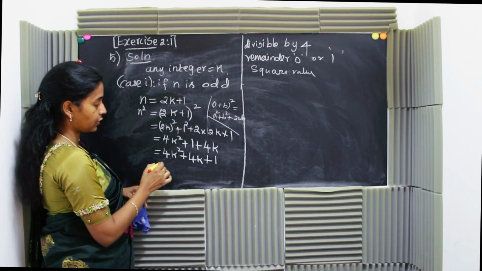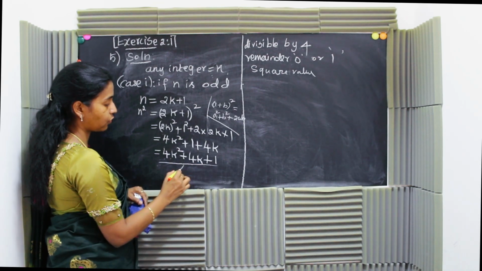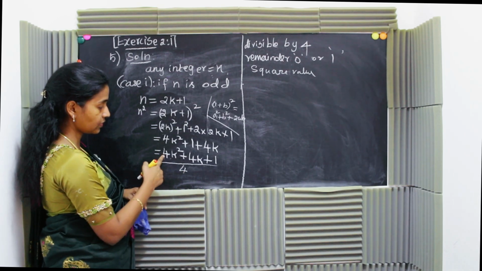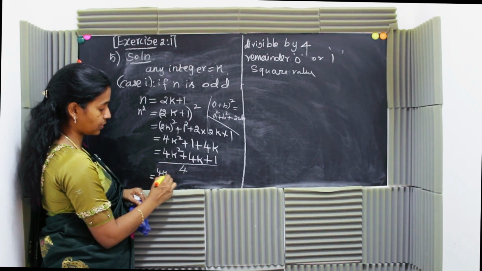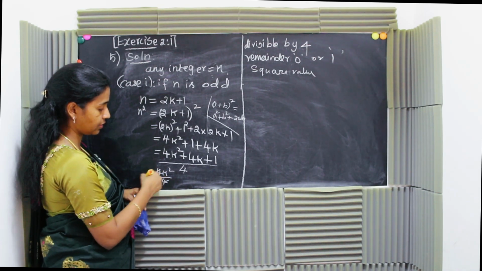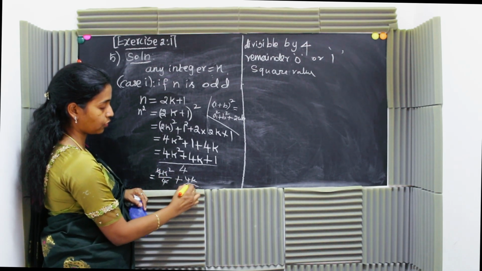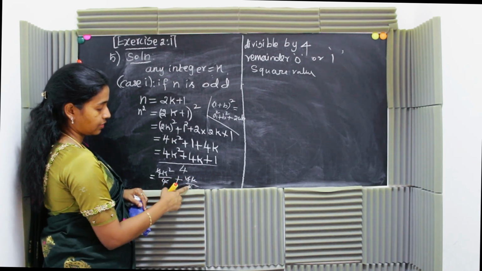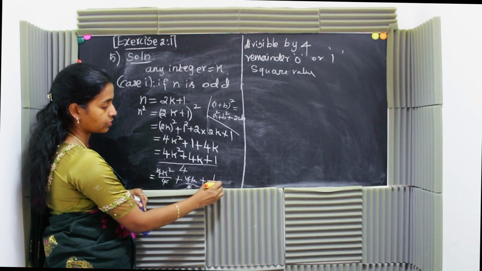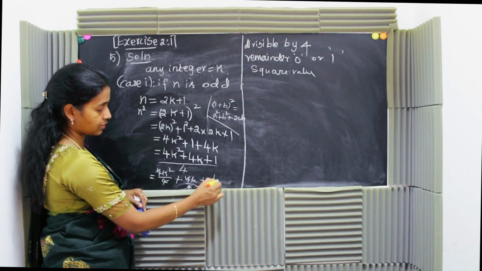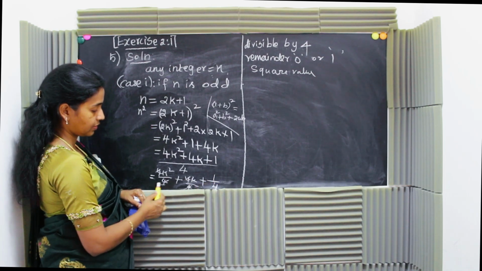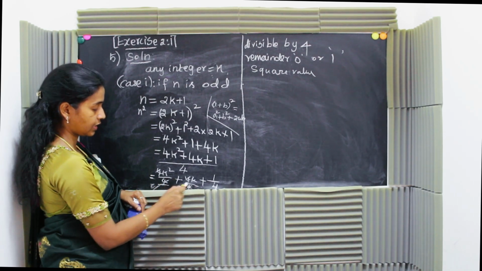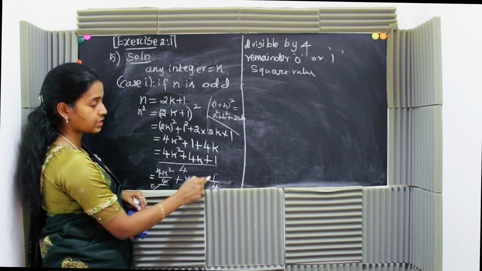If we divide by 4, we get 4k square by 4, which we can divide easily, 4k by 4, which we can divide easily, and 1 by 4. Here the remainder is 0, right? We can divide it easily without leaving a remainder. Here also 0. In this case, the remainder would be 1.